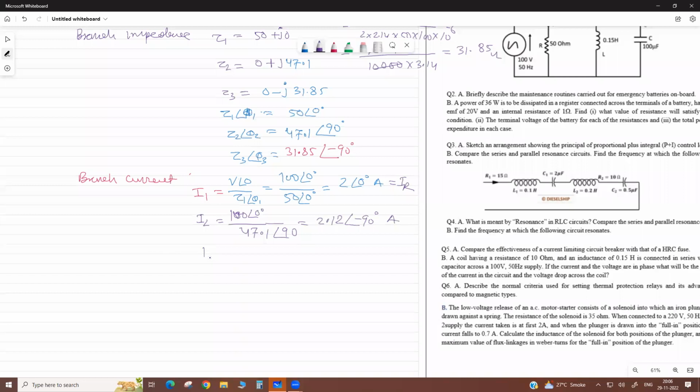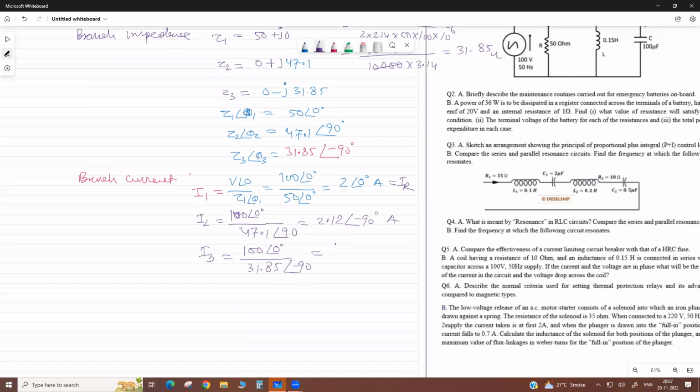Now I3, again it is V by Z3. It means 100 angle 0 divided by 31.85, angle minus 90. When this goes 0 minus 90, it is plus 90.